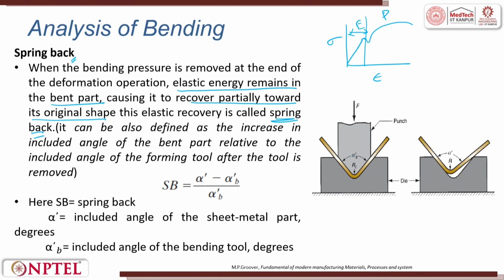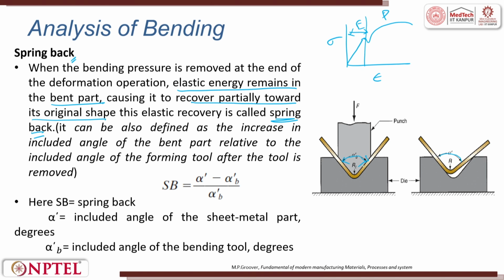Spring back is nothing but (alpha dash minus alpha b dash) divided by alpha b dash. So, this is the angle whatever it is getting formed, and when the punch is removed, you see here this will try to change or increase by this.